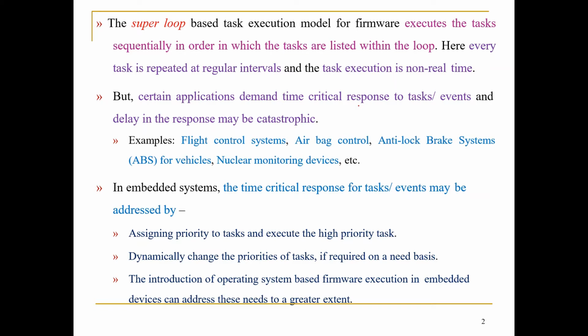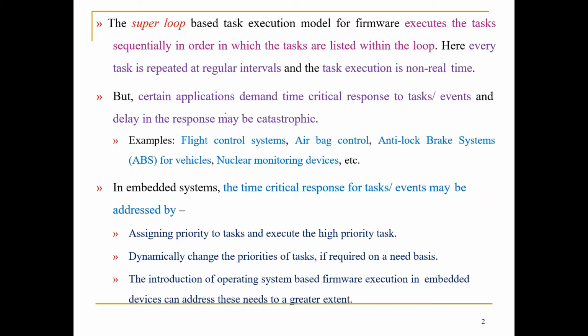The response should come within this amount of time. Whereas in the super loop based model, time was not critical. Your task could get executed at whatever time it was needed, or if one task was taking more time, the next task could get delayed.